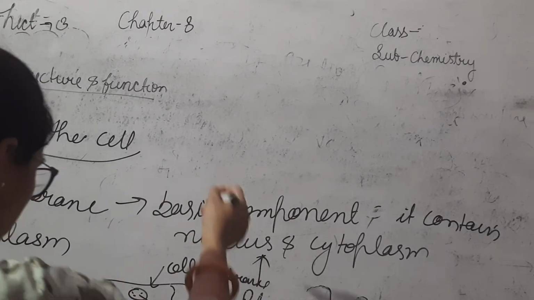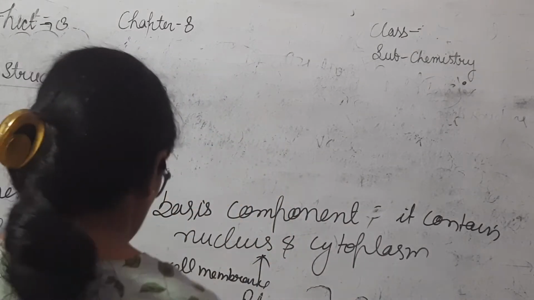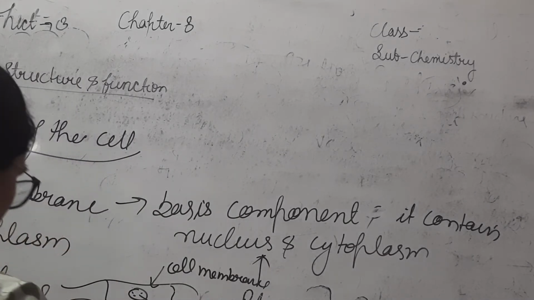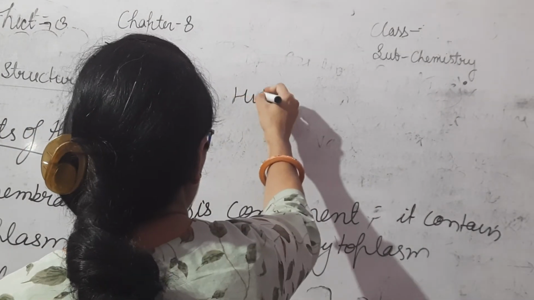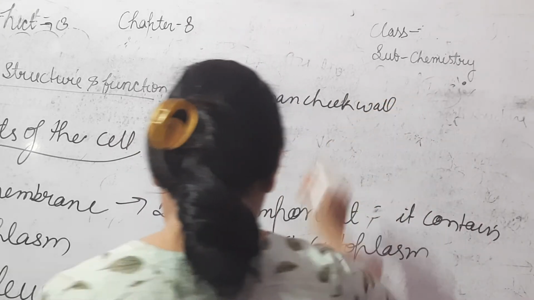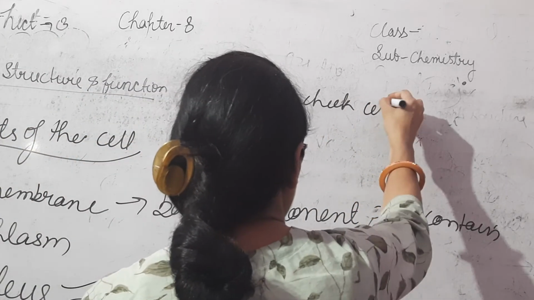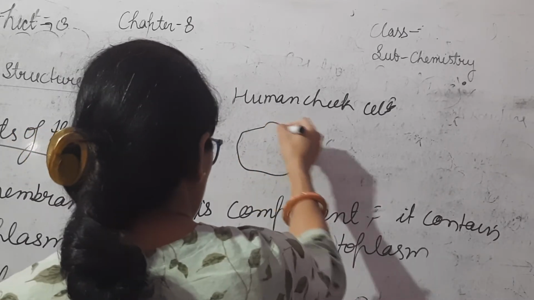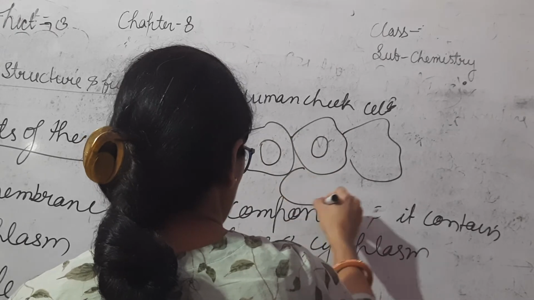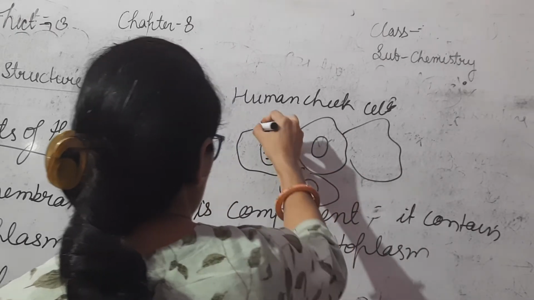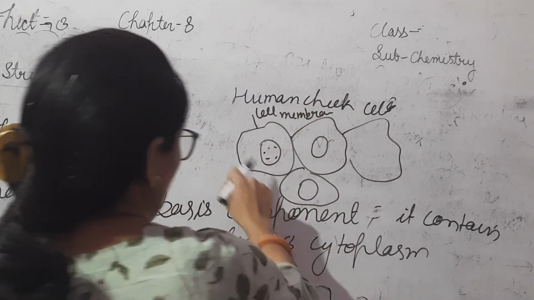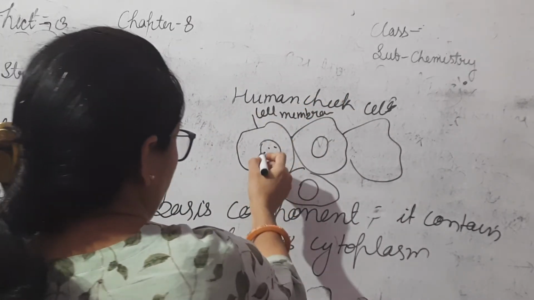Now we talk about another example, human cheek cells. This is the human cheek cell. In this cell, the outer portion is the cell membrane.